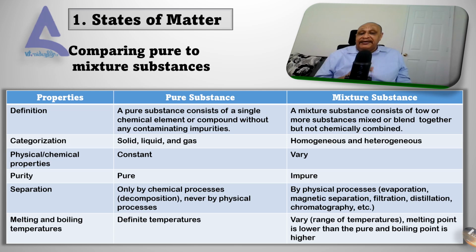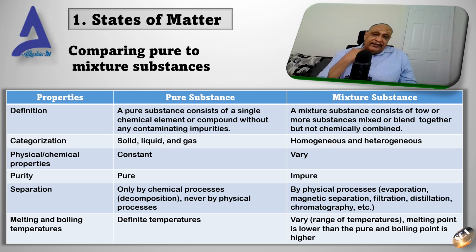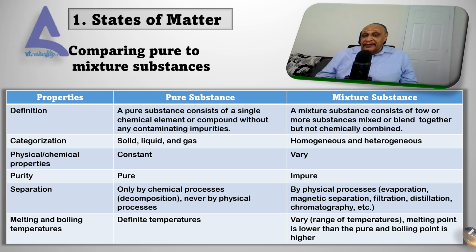Because, for example, I can make a salt solution, which is a mixture, 10%, and I can make it also 20%, and 50%. So those are different in their percentage-wise physical appearance or property. The same thing, chemically, they are different.